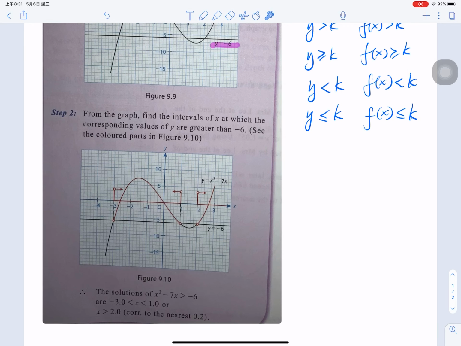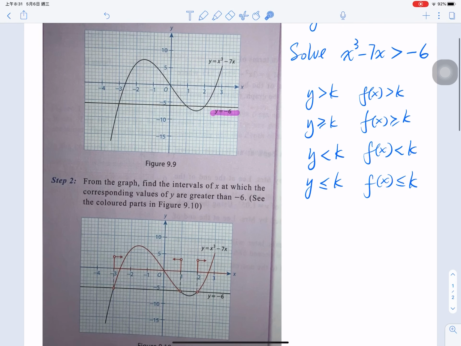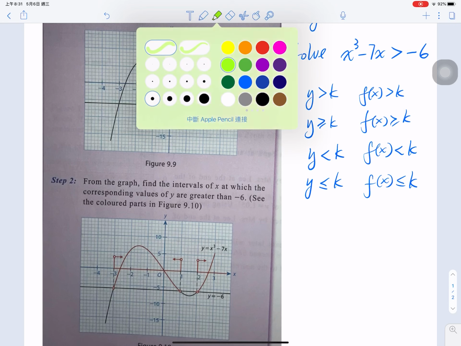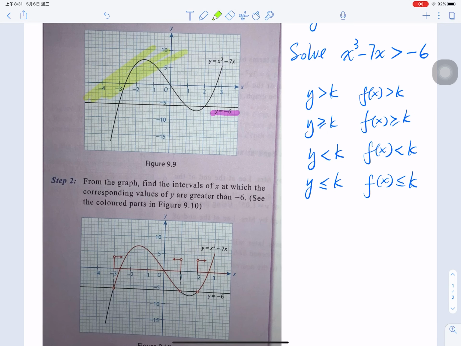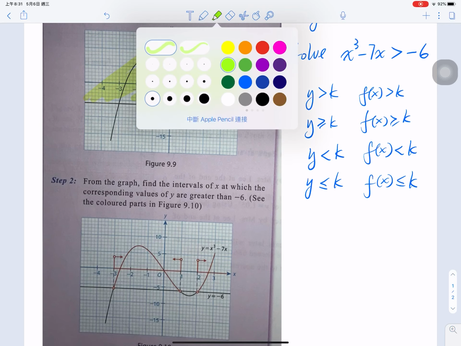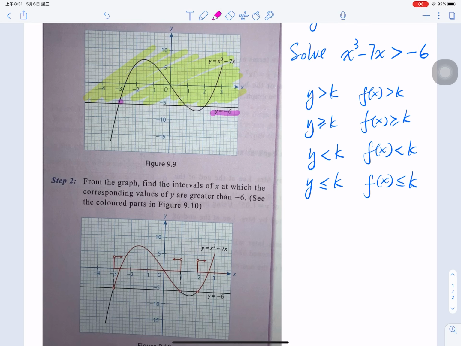That means now the curve is greater than negative 6. If you can see that this part is greater than negative 6, right? So the curve greater than negative 6 will become this part only.